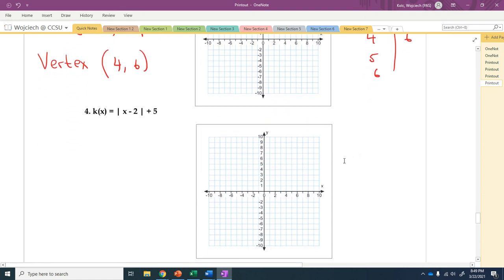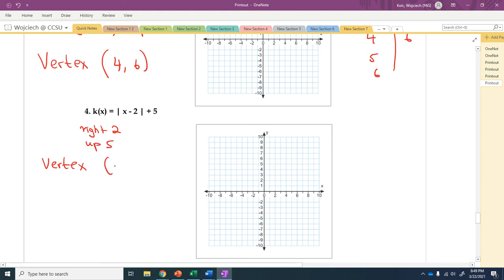And the last one, the parent function is absolute value, which will be a V-shape. It will open up, and let's talk about the vertex. The vertex in this case, x minus 2 means move right 2, plus 5 means up 5.